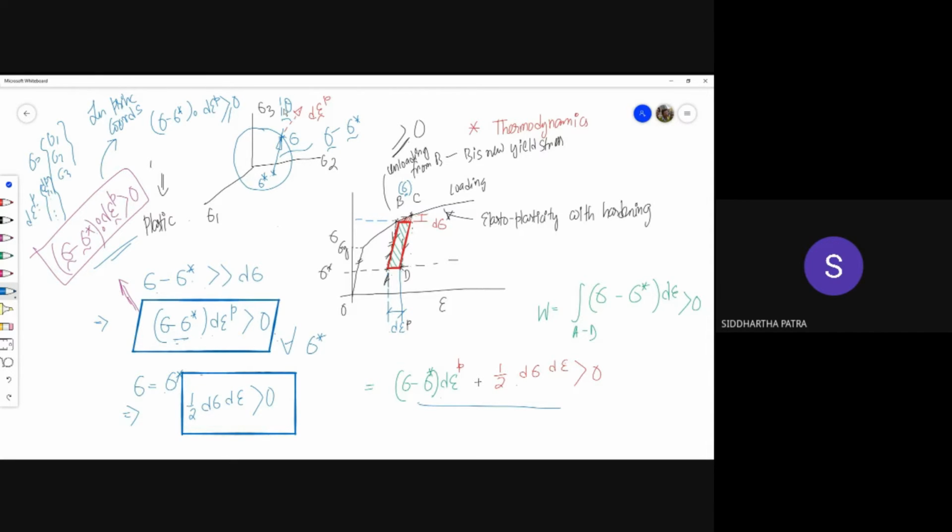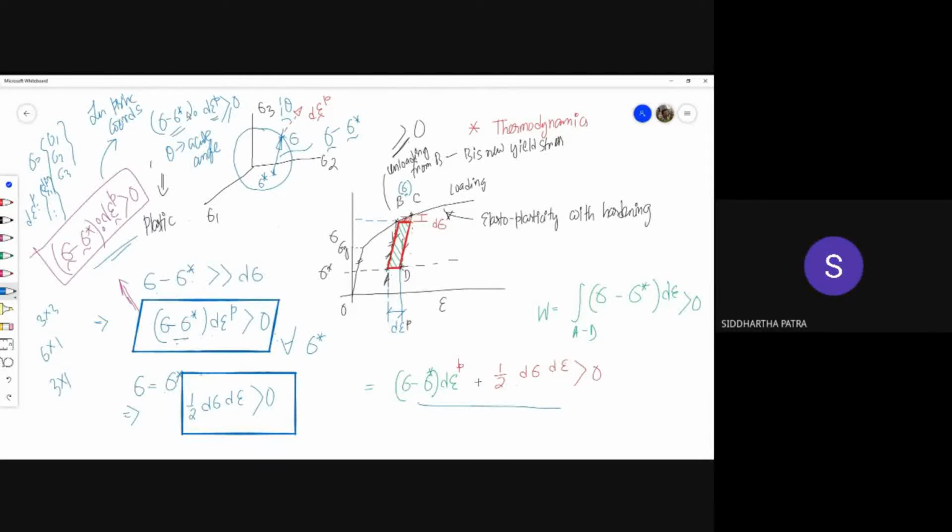So obviously this angle theta is an acute angle. Now this representation is only valid when the stresses and strains can be represented as three-dimensional vectors. So we learned to represent stress and strains as 3 by 3 matrices, six-dimensional vectors, and then in principal coordinates they are three-dimensional vectors.